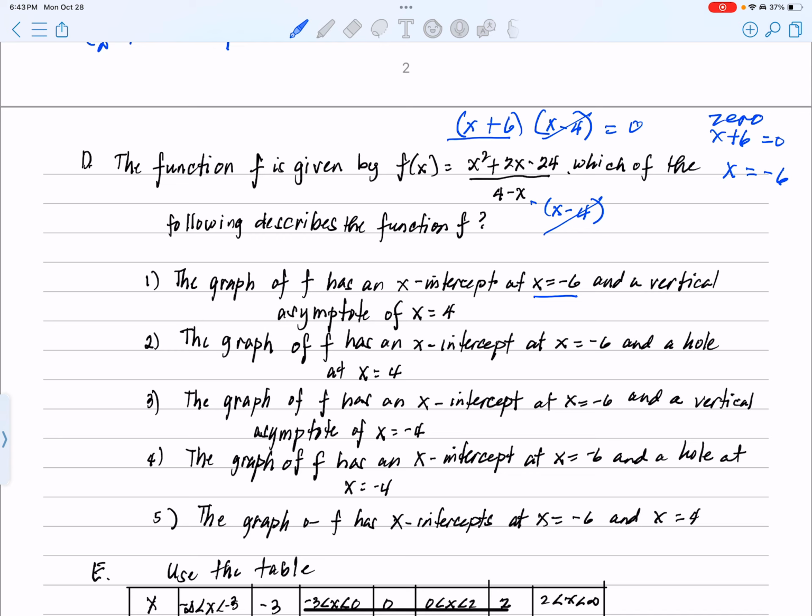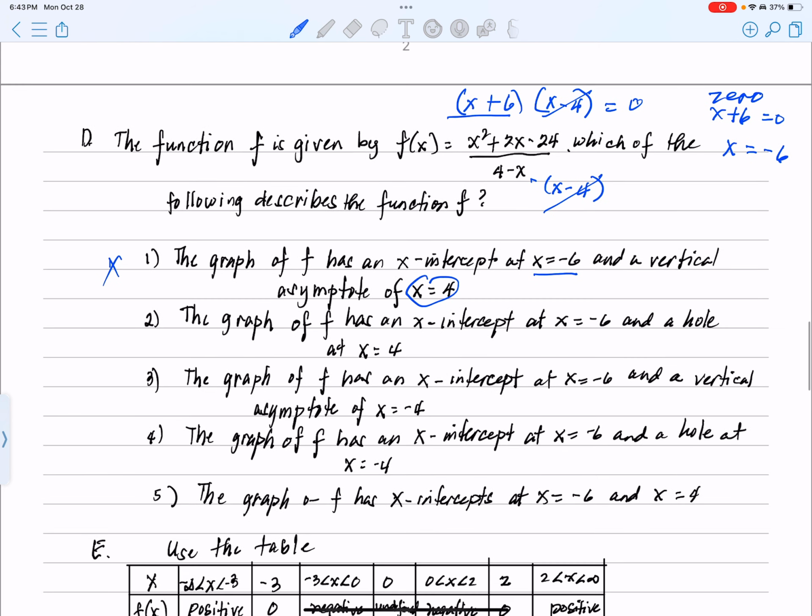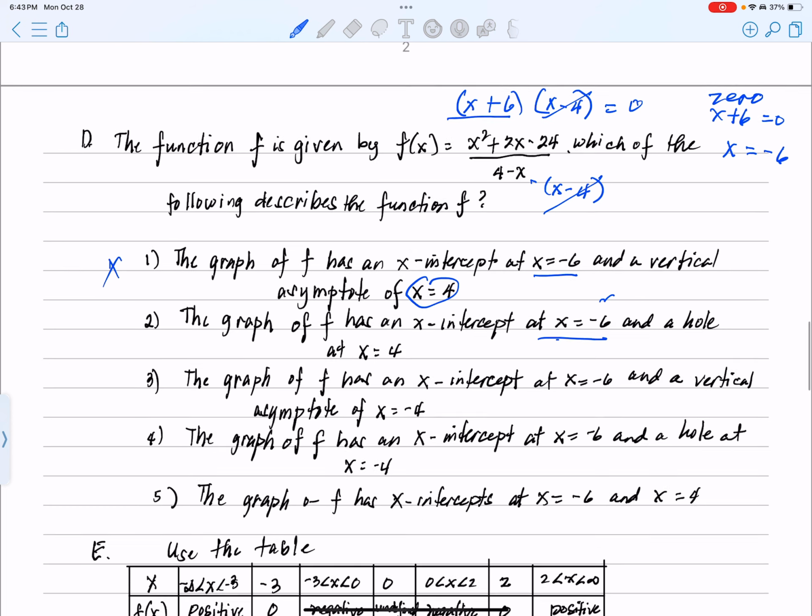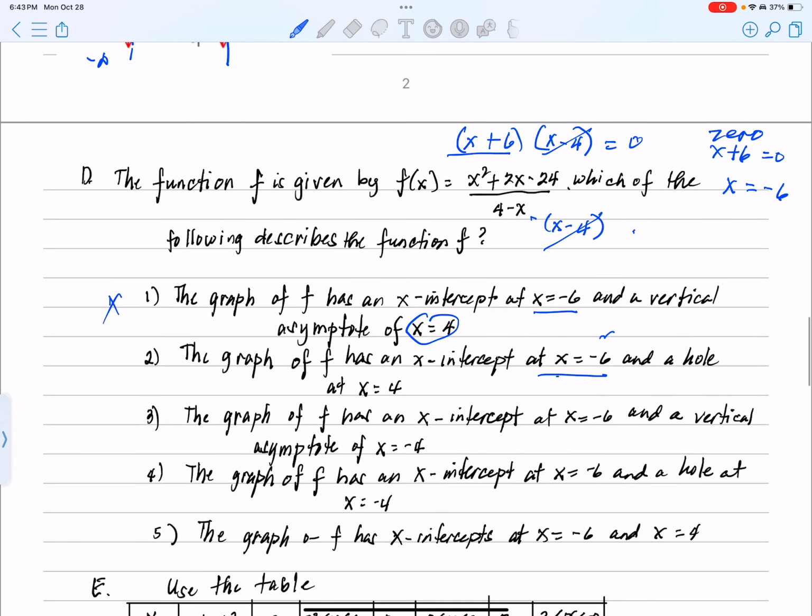It's not x equals 4 on the vertical asymptote, right? So this is not the answer. The graph of f has an x-intercept at negative 6, correct? And a hole at x equals 4. Yes, this is our hole, from x minus 4. So x equals 4 is a hole.